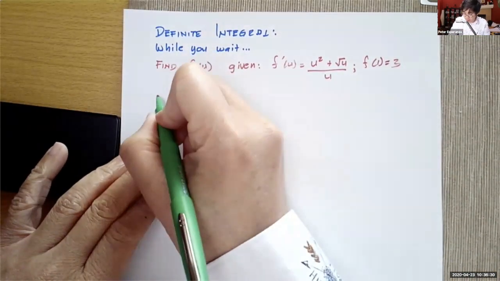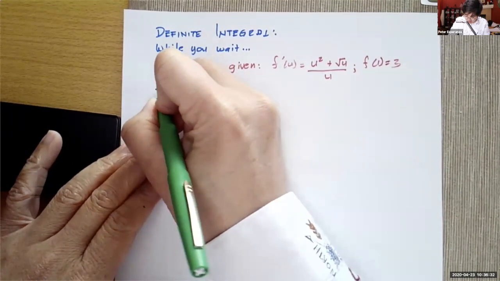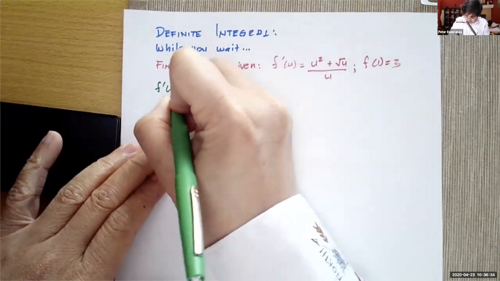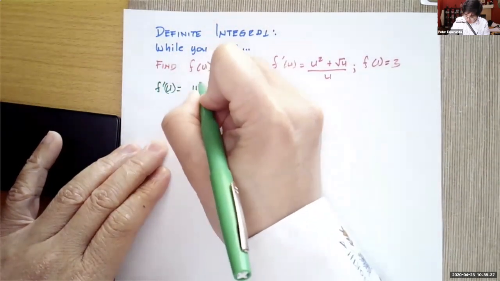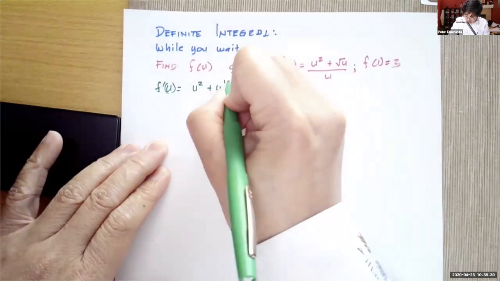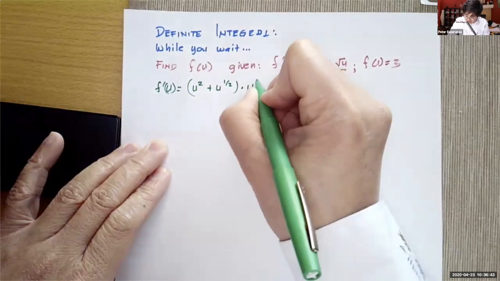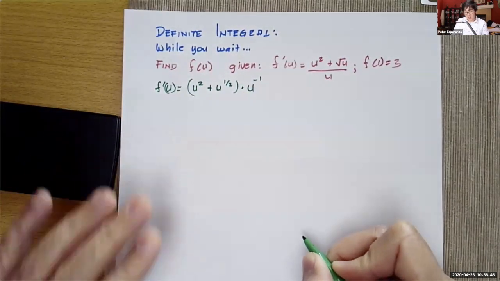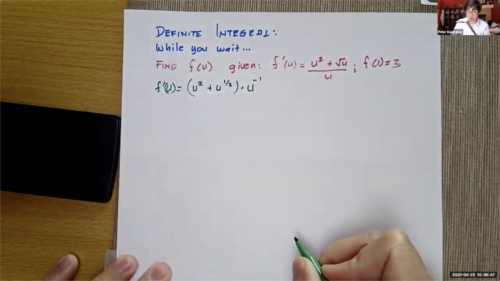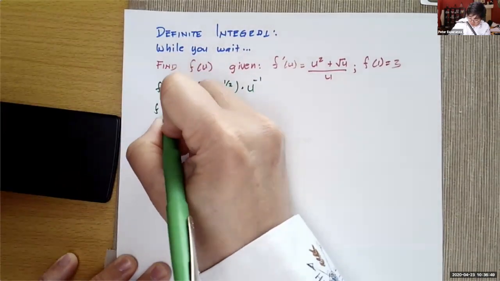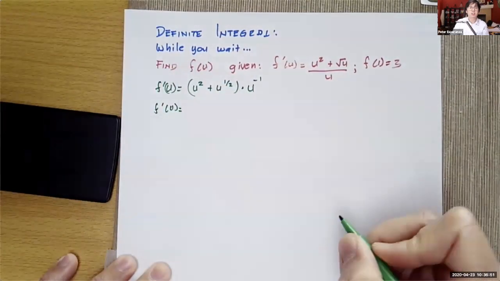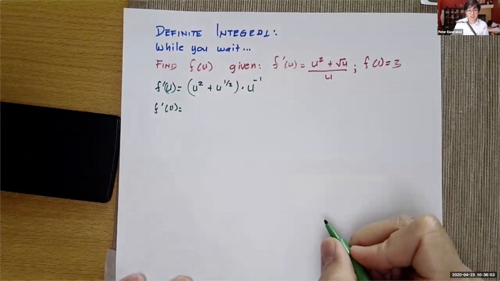So the given function is f prime of u equal to u squared plus u to the 1/2 times u to the -1. By using your law of exponents, you're doing a lot of algebra here before you reach calculus.